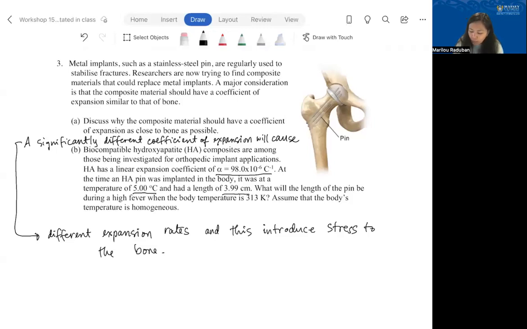Now, when the temperature of the body increases because of a fever, the temperature increases to 313 Kelvin. What we are asked is to find the length of the pin because of the expansion when the temperature increased. Okay, and we'll assume that the body's temperature is homogeneous, meaning the temperature of the body is 313 Kelvin all throughout, so that the pin also expands uniformly together with the expansion of the bone.